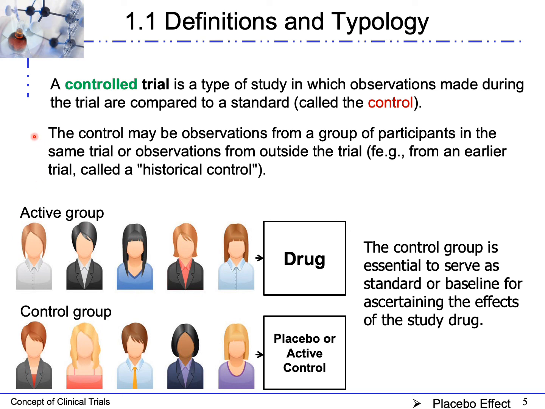The control may be observation from a group of participants in the same trial, or observation from outside the trial, for instance from an earlier trial, and that's what we call a historical control. You can easily and intuitively understand that when you have a control in the same trial, you're more likely going to produce more robust evidence on the treatment effects than if the control is external.